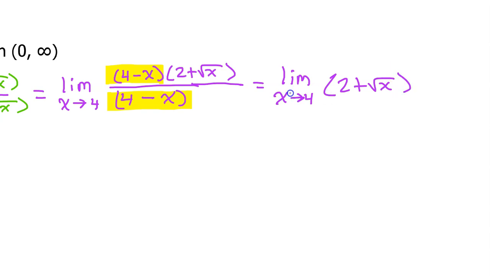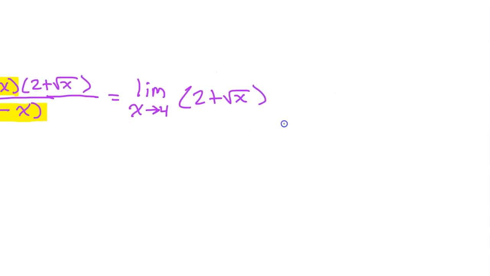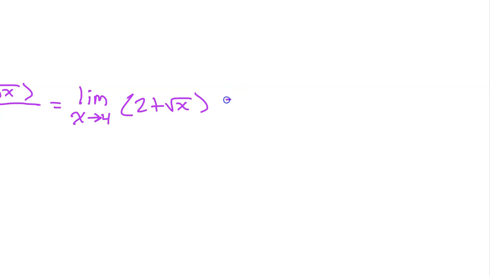And this is a limit that we can evaluate by direct substitution. If we let x become 4, then we get 2 plus the square root of 4, which is just 2 plus 2, which is 4.